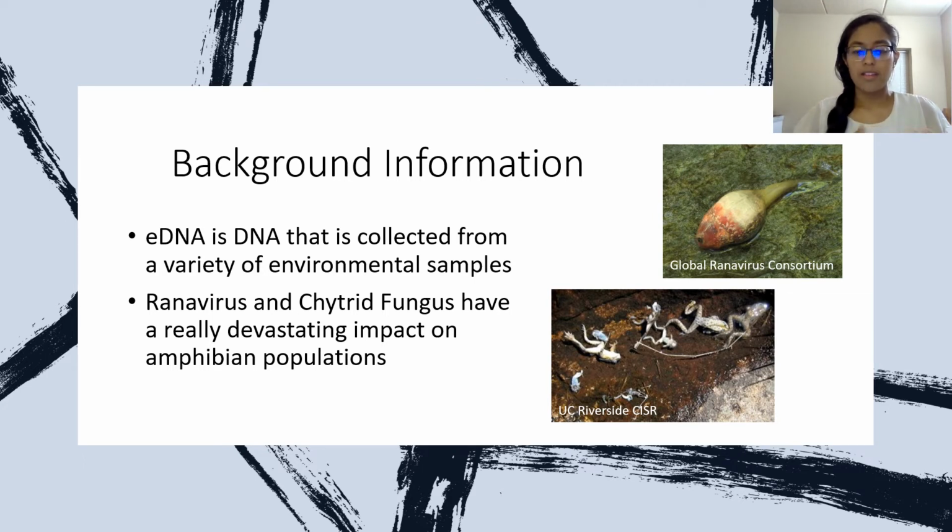So there's a really wide range, but both of these pathogens, chytrid fungus and ranavirus, have been implicated in global declines of amphibian populations. And they've only recently been discovered in Lubbock, which creates a really big need for broader surveillance in this region.